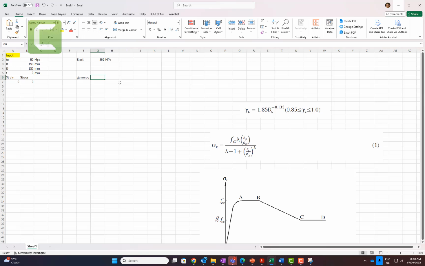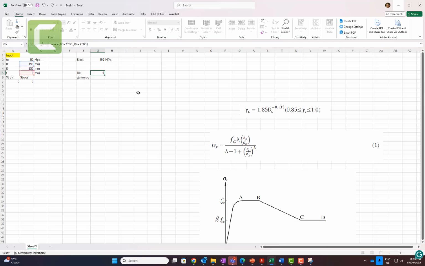So let's say gamma C, let's do the calculation here. Before gamma C, we can calculate DC. DC is equal to the maximum of B minus 2 times T, comma, D minus 2 times T, right?